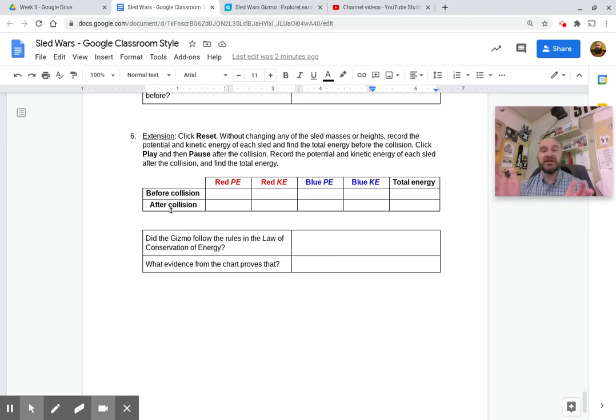Then you're going to let them collide, and then add up all these 4. So you're going to be pausing after the collision. You're going to hit play. They're going to go boing and then pause and then record with them going about halfway back up the hill. All right. And then you can answer these questions.